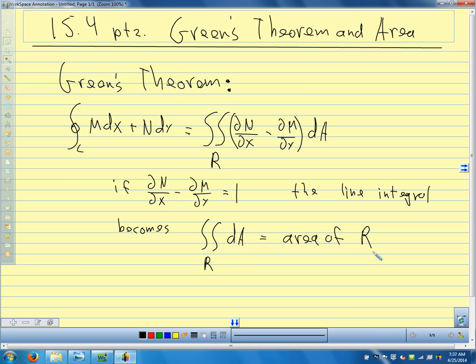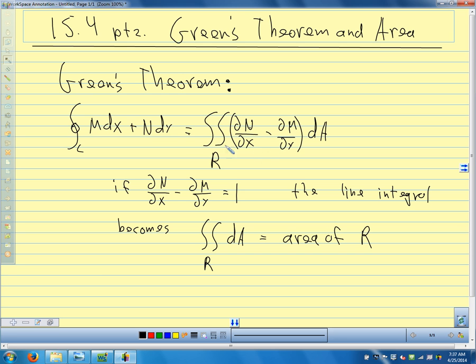So if we have a region we're trying to find the area of, and we can arrange it so that this quantity equals 1, we could use a line integral to find the area of the region. Depending on the region, that can be much easier than doing this double integral to find the area.